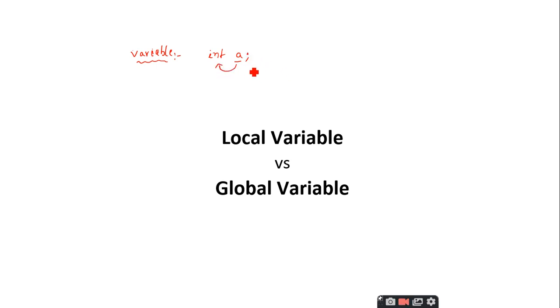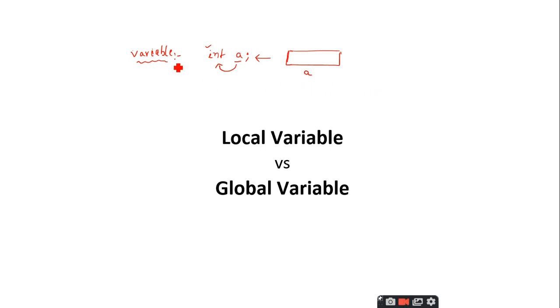This is a declaration statement. What happens during the declaration statement is, as I told, that memory will be allocated based upon the data type that you have specified. Since integer occupies 4 bytes of memory, 4 bytes of contiguous memory will be taken by the compiler, and the entire 4 bytes of memory will be given a common name a.